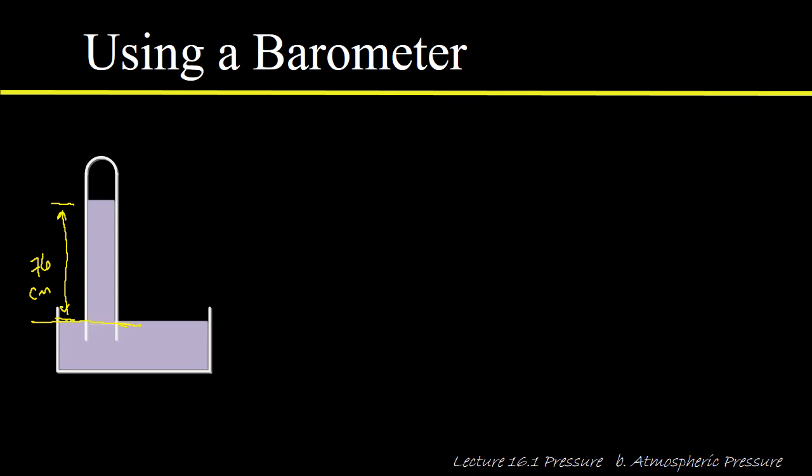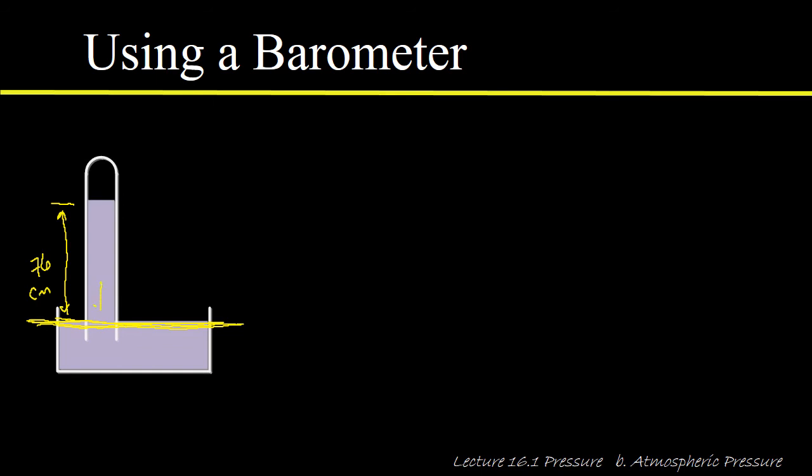Since we're touching the mercury here on both sides, we're just in one fluid. So we know that the pressure is equal everywhere along that line that we just drew. Okay? So we can break this into two different parts. And let's look over here.